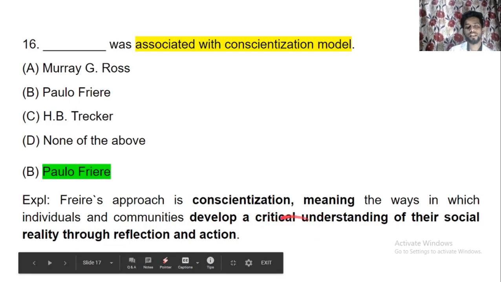This model is about developing a critical perception of society among the people regarding their societal reality through reflection and action. So the conscientization model was associated with Paulo Freire.